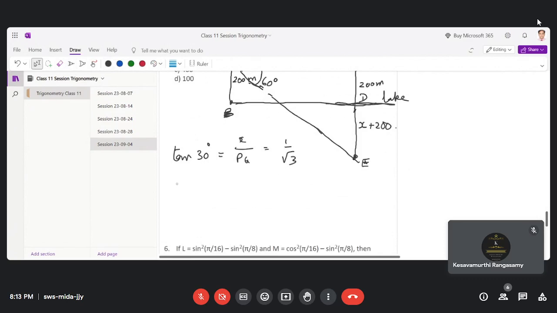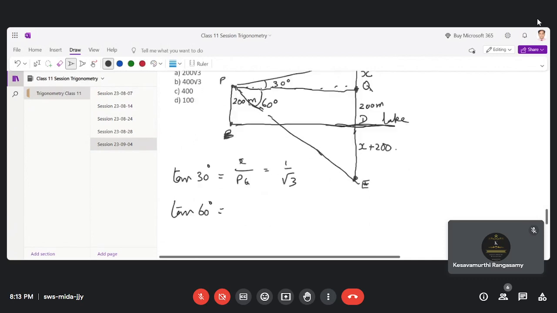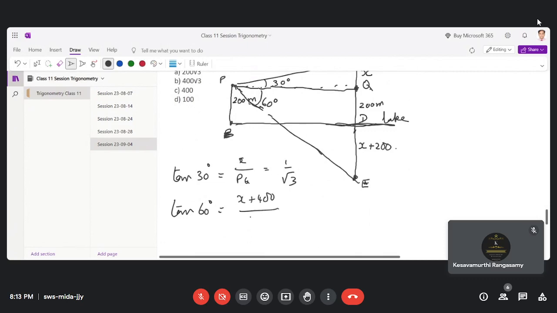Now tan 60 degrees is X plus 200 plus 200, that is the opposite side, divided by the base, which is the same. Now again you divide, you will eliminate PQ and you will have an equation in X. Right, Sundaresan? You can solve for X now, right?